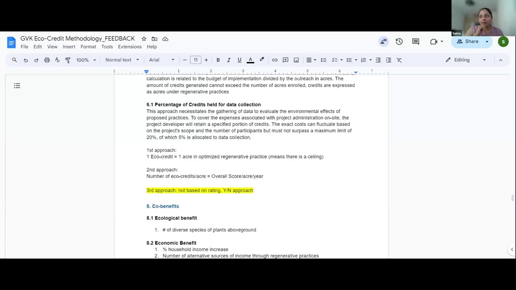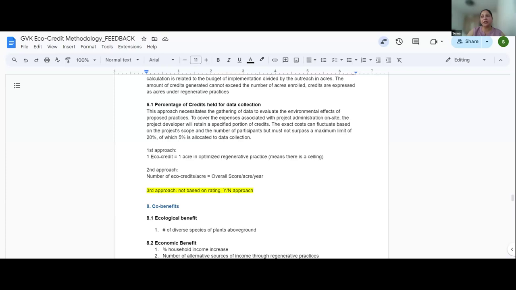But what if farmer A is approaching this with two improved agricultural practices, whereas farmer B deploys four of the regenerative agricultural practices? Then how do we differentiate this, and how do we incentivize accordingly?